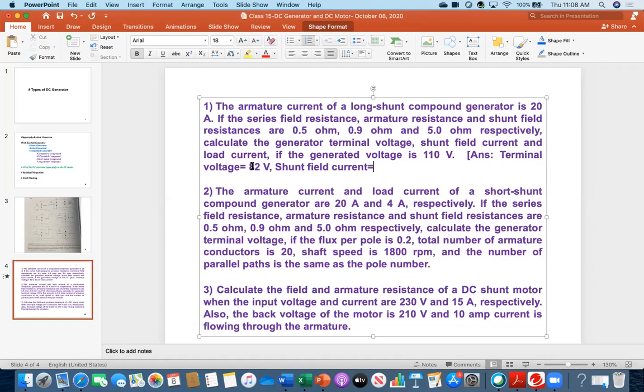Shunt field current will be 16.4 ampere, and your load current should be 3.6 ampere. Let me make it red color. Yes. Everybody, you should get this result. Your terminal voltage, this means VT, should be 82 volt. Your shunt field current should be 16.4 ampere, and load current should be 3.6 ampere.